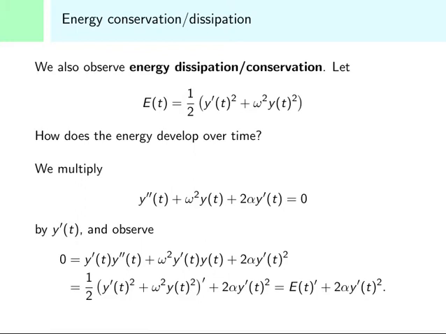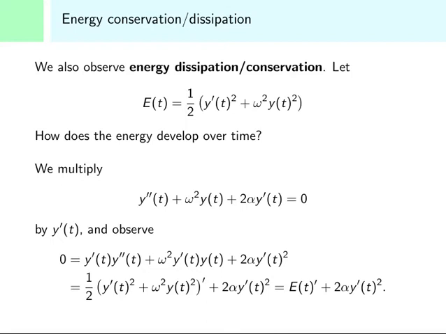And now it's worth having a look: how does the energy develop over time? Well, we know that y satisfies y''(t) + omega squared y(t) + 2 alpha y'(t) = 0. And that differential equation is multiplied by the first derivative y'(t). We then observe, similar as in the previous discussion, 0 = y'(t) y''(t) + omega squared y'(t) y(t) + 2 alpha y'(t) squared.